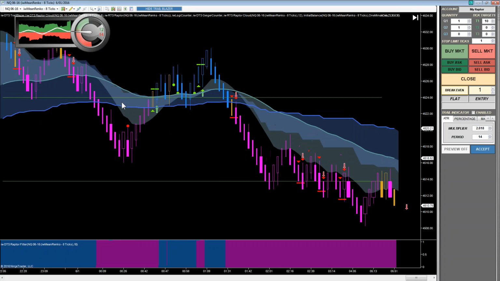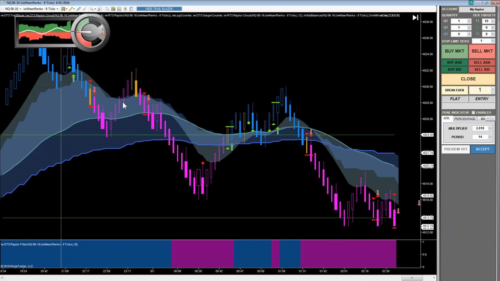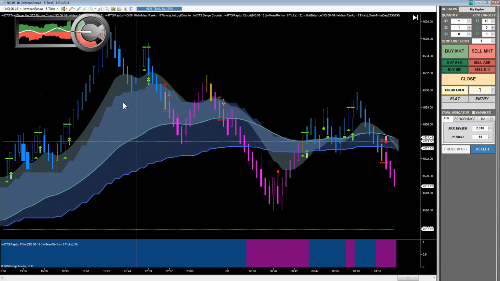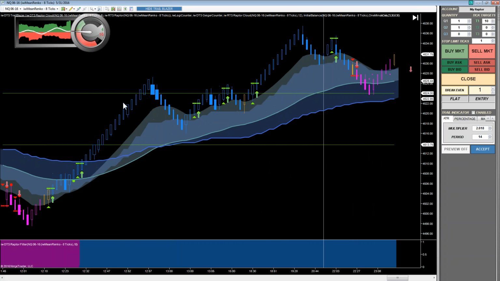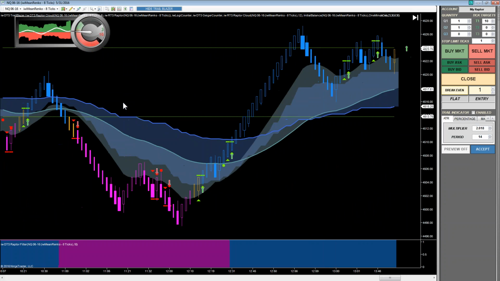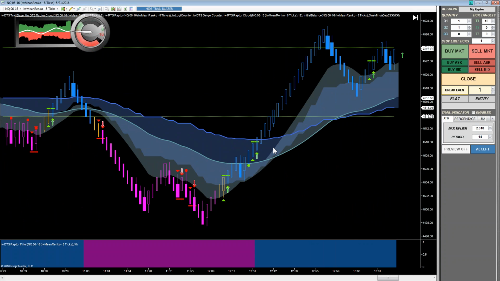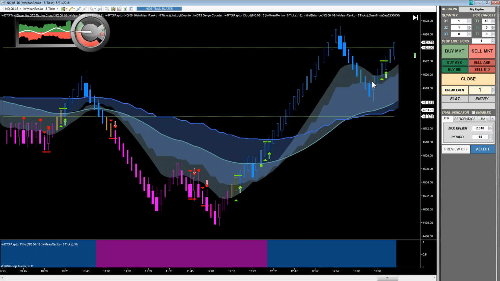All right, so Rudolph is asking, can I see a Raptor signal? Well, why don't I do the cloud crossover signal? This one is pretty clean. Normally the cloud crossover occurs a little bit sooner.